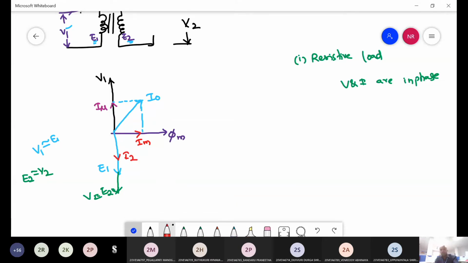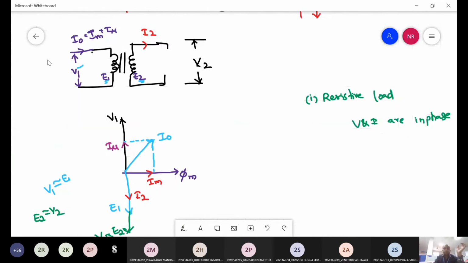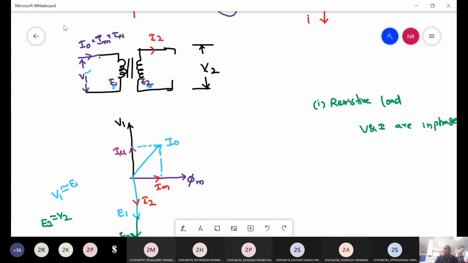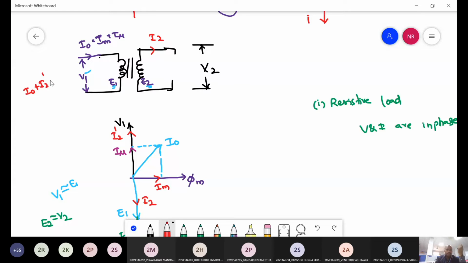Then when the load is connected, the I2 dash term will come. That is here I2 and here I2 dash. Then I2 dash is exactly opposite to the supply voltage. So here it is I2 dash. Then I naught plus I2 dash is equal to I1.